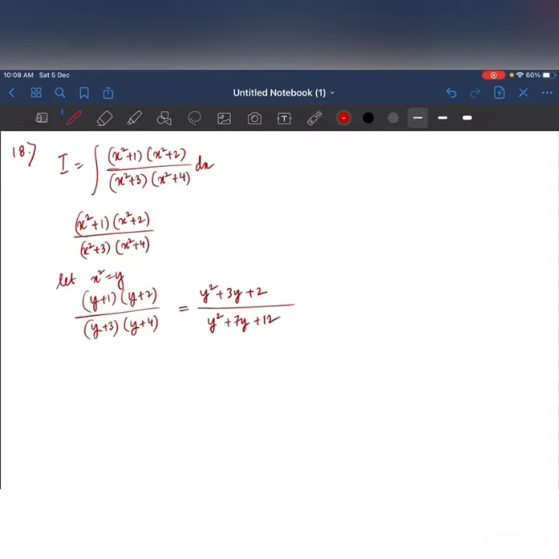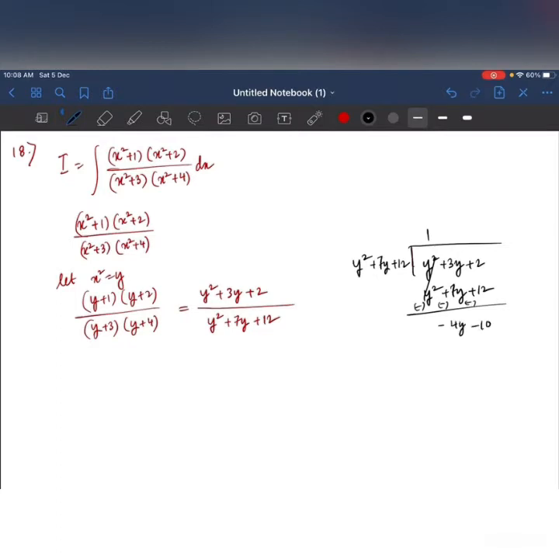Now we'll divide by the long division method. In the numerator we have y square plus 3y plus 2, and in the denominator we have y square plus 7y plus 12. First, to cancel y square, we put 1 in the quotient. Subtracting, we get minus 4y minus 10.